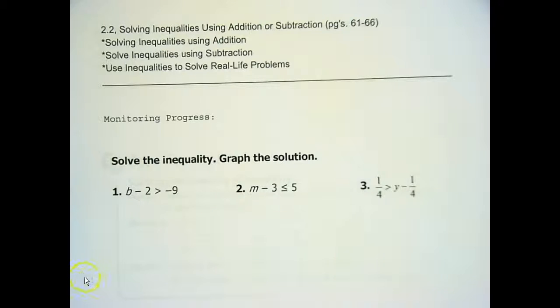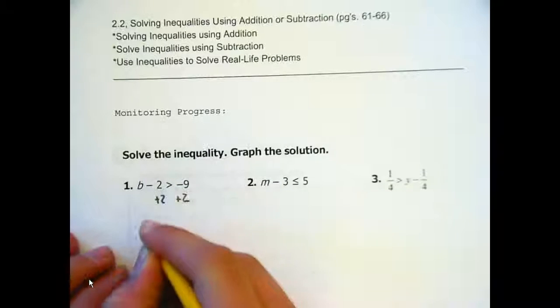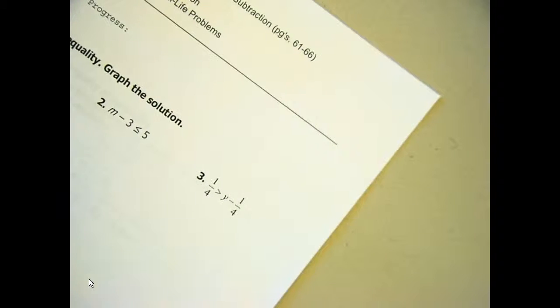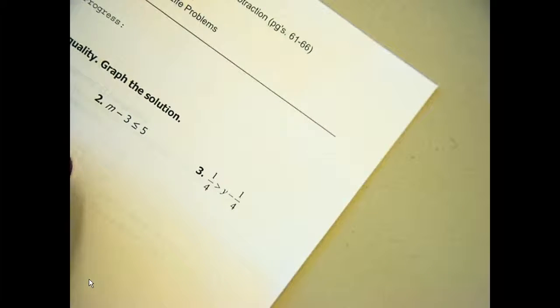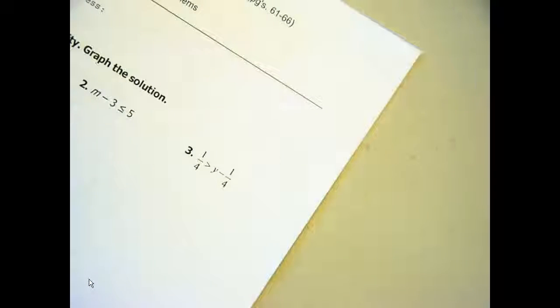I accidentally hit graph on this thing. All right, come on up. Number 3, volunteer. Did you get -7? Yeah, -7. Hey, fill out all of them.